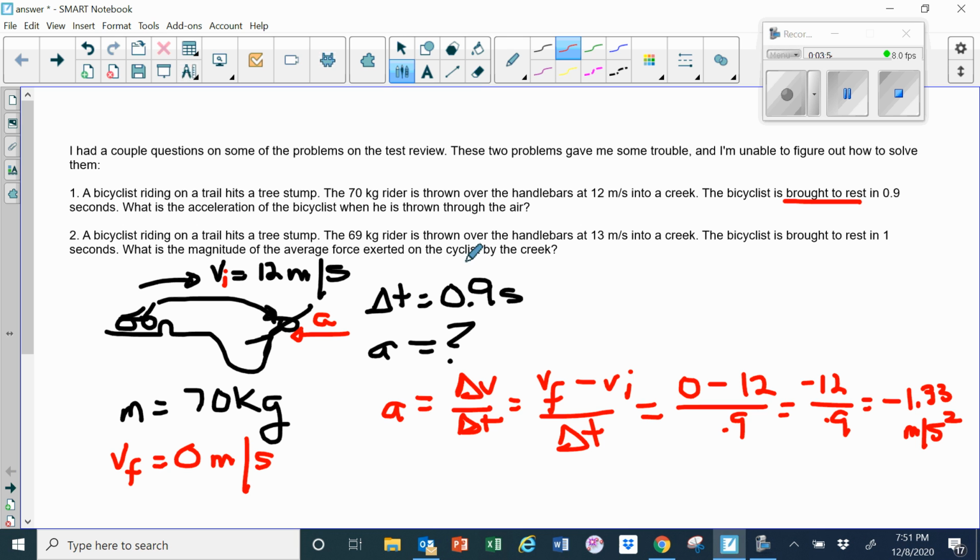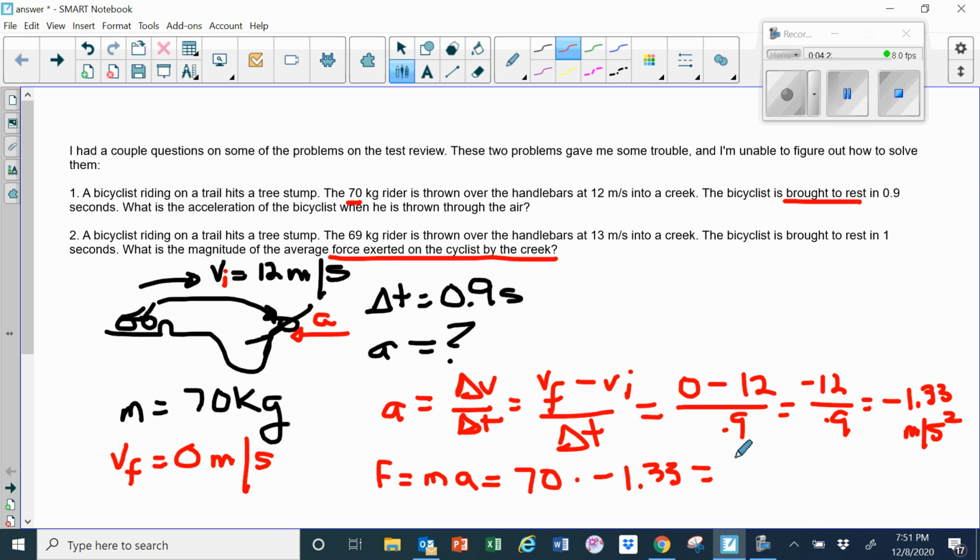Now then it says, what's the magnitude of the force exerted on the bicyclist by the creek? Well, the force is equal to the mass times the acceleration. His mass in the first problem is 70 kilograms, and his acceleration is minus 1.33.